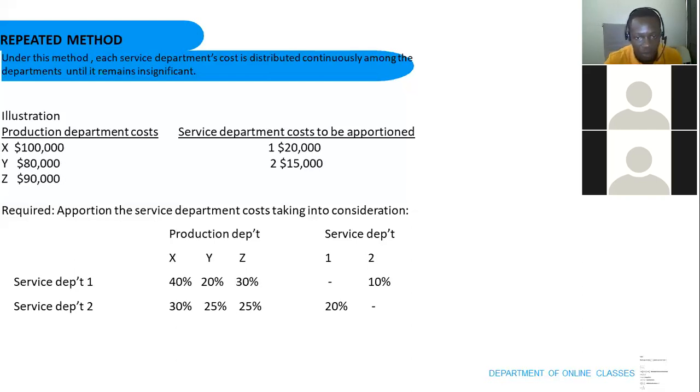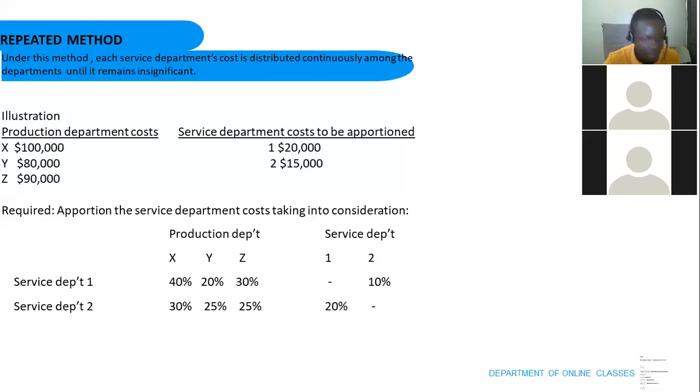So if there is any question up to where we are, the introduction, you may just unmute yourself and then ask before we start solving the question. Stephanie and Emmanuel, any question now? No, sir. No question. Okay.